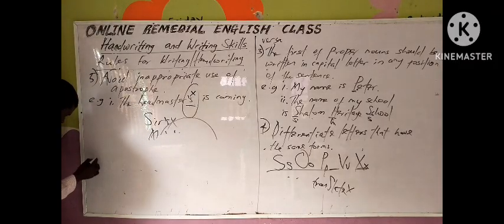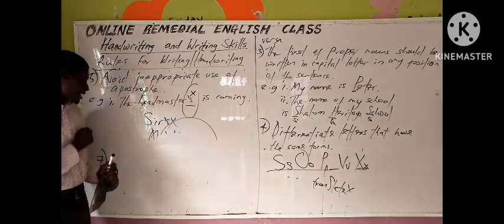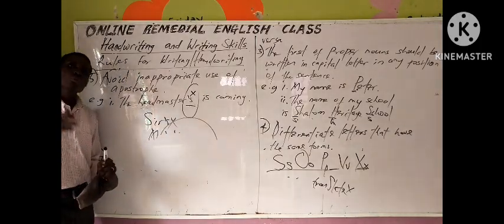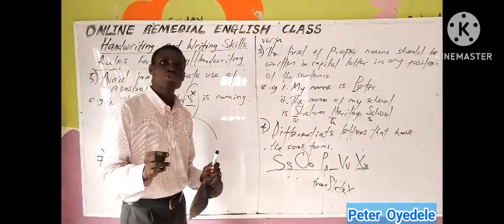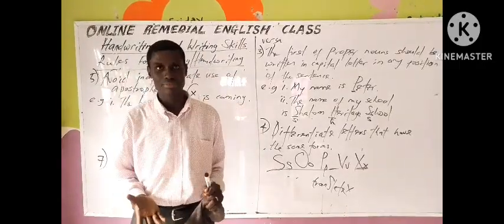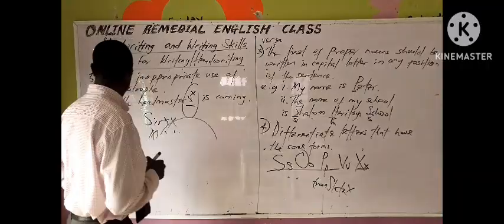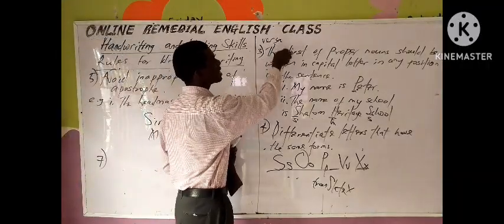Now number 7. Let me quickly bring in this. Words are usually marked to be independent by spacing. And by that I mean, after a word, there should be a space.